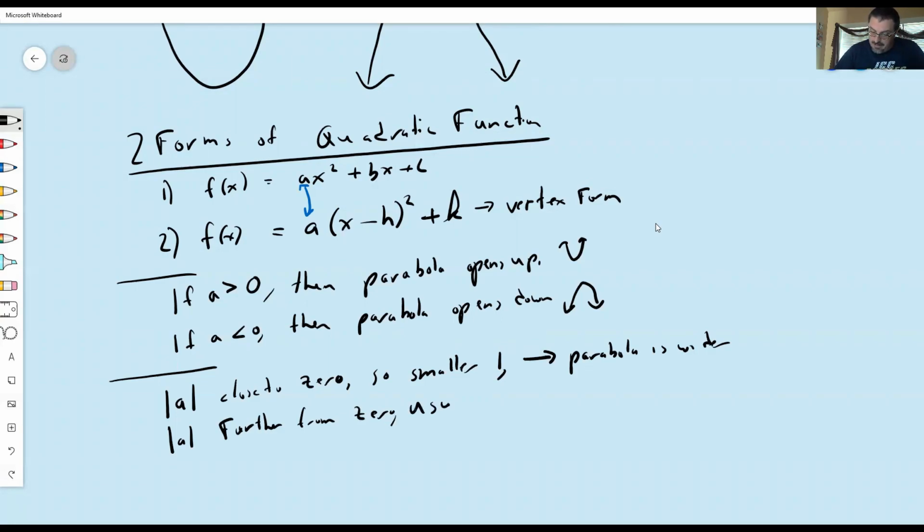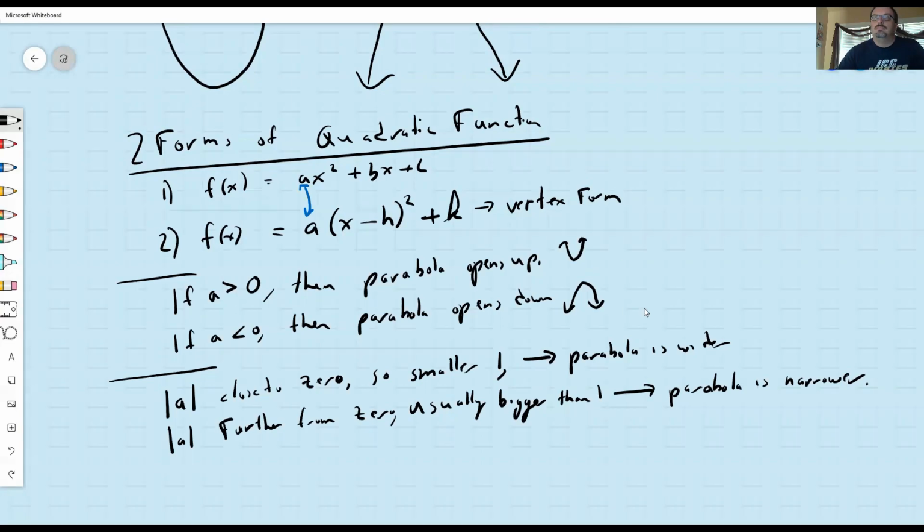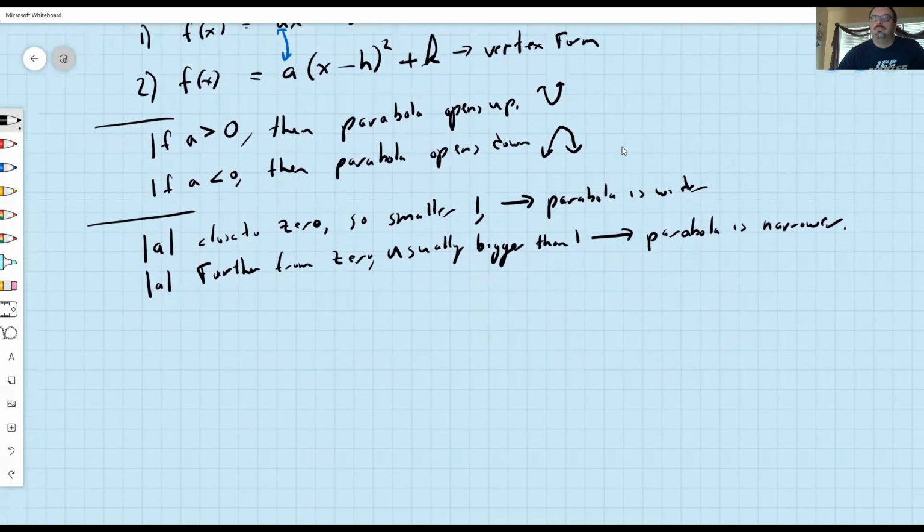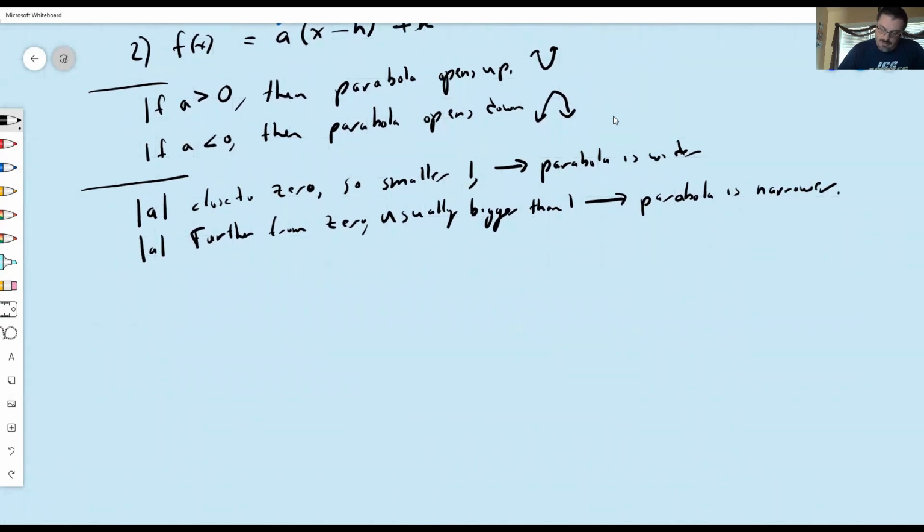Usually, that means bigger than 1, the parabola is narrower. All right.